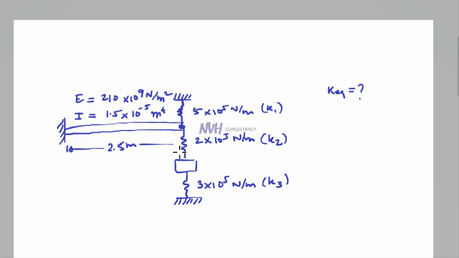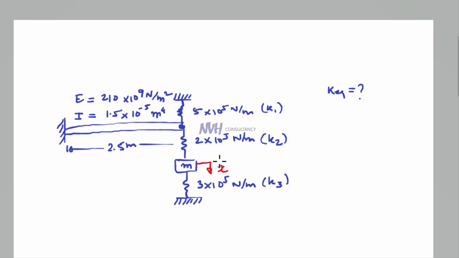So if you look at this problem, you will see that the mass, that is M, is given, and so this will have an independent degree of freedom. A force shall be applied on the mass. So let's consider if we apply a force on this mass, what will happen is the system of springs before this mass and the system of springs after this mass will have the same deflection.